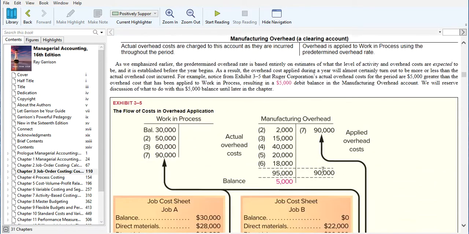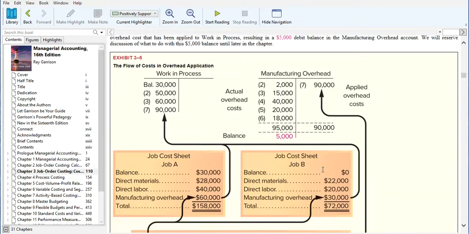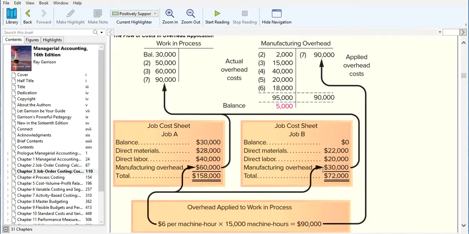Manufacturing overhead is really a clearing account where we identify costs and put them for a period of time. So in this case, you have the flow of the overhead application being the original amount in the manufacturing overhead account, tracing those job machine hours, calculating the amount you're going to apply, then taking it out.